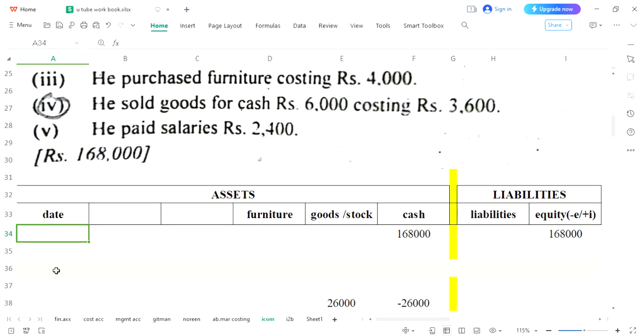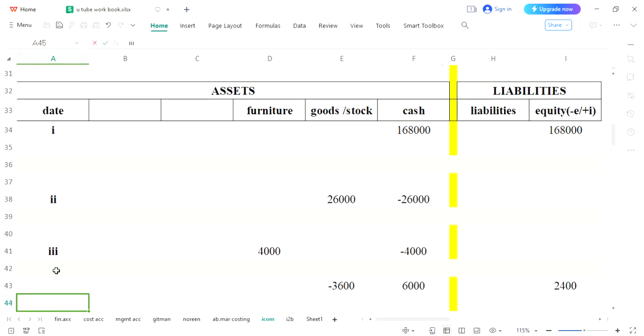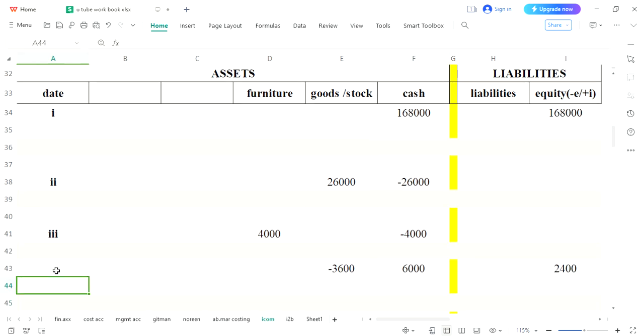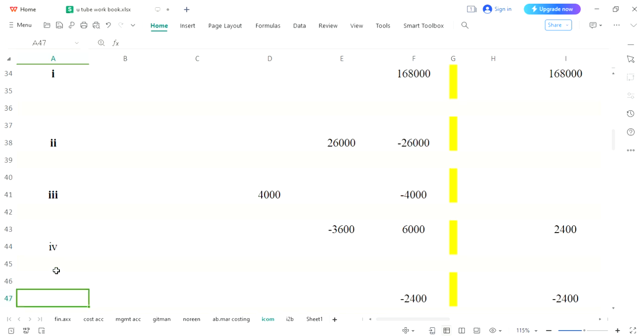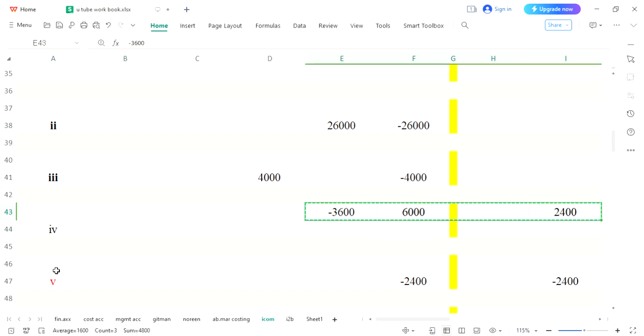So here 1, then 2, you will mention your date, 3, and entry number 4. Here we have entry number 5. So total number of entries were 5. So guys, in this way, all entries are completed.